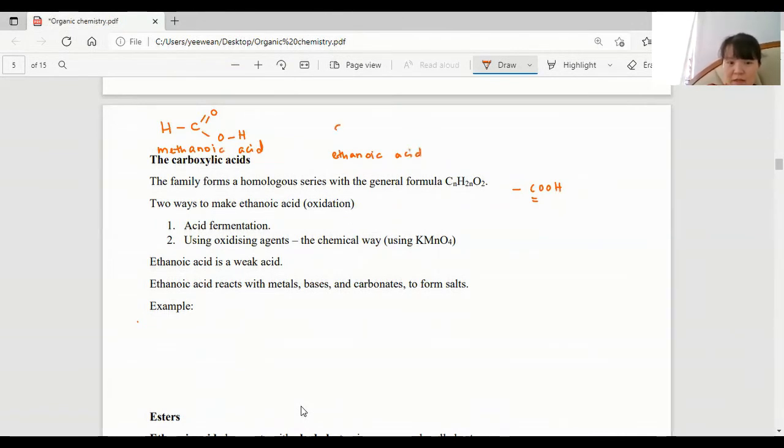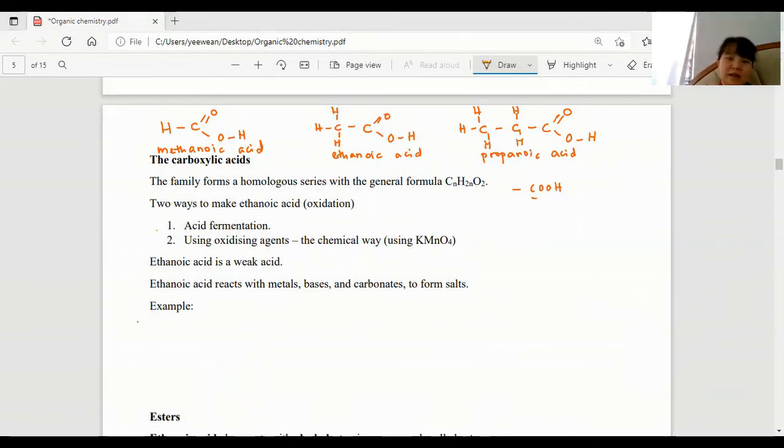So start with a CH3, and again, COOH. Next, propanoic acid. Therefore, 3 carbons, and one of which is a COOH. We'll fill out the H here. And if you count the carbons, hydrogens, and oxygens here, you'll see that it will tally with CnH2nO2.